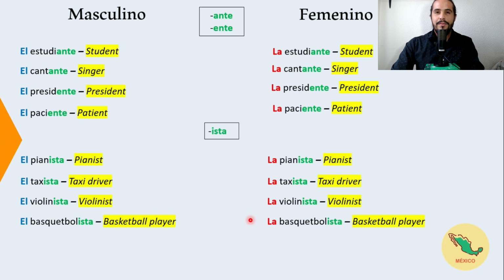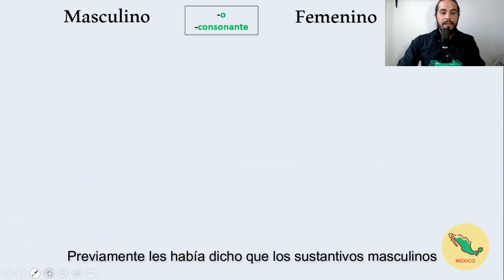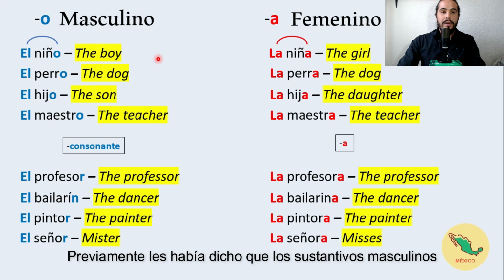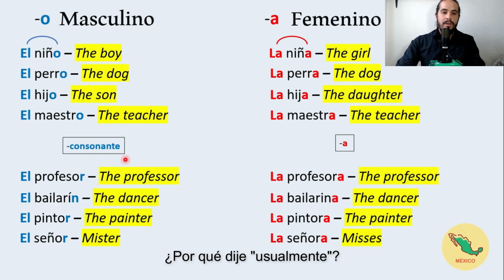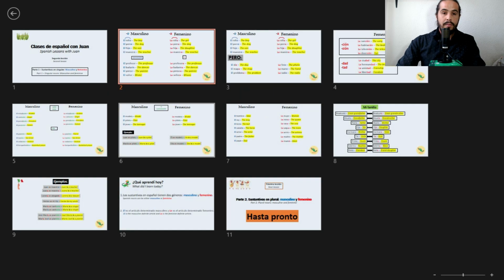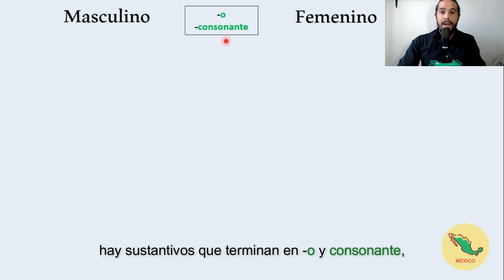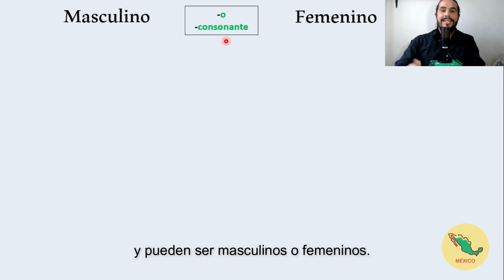Let's continue. Previously, I told you that masculine nouns usually end with O and consonant. Why did I say usually? Because there are some nouns that end with O and consonant, and they can be either masculine or feminine as well.